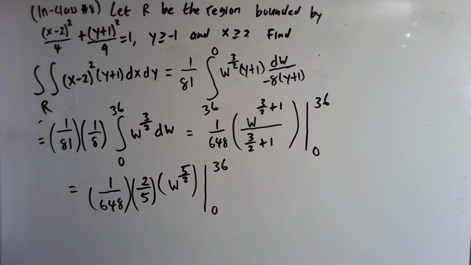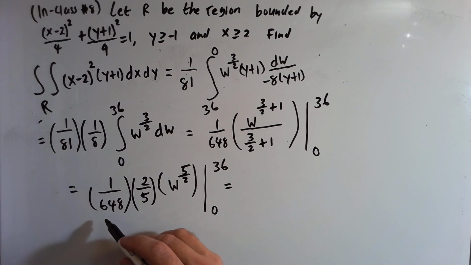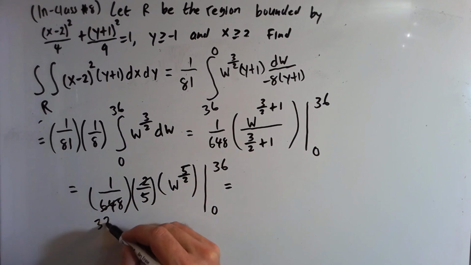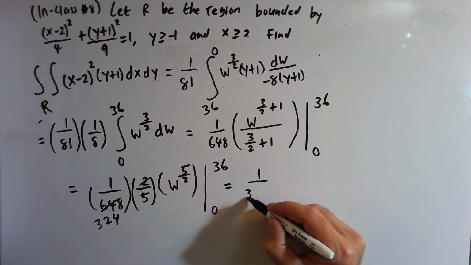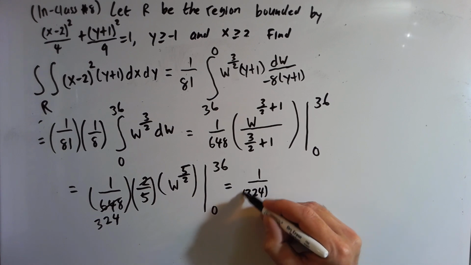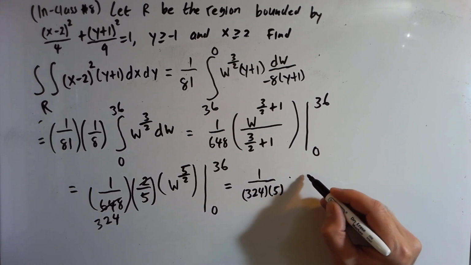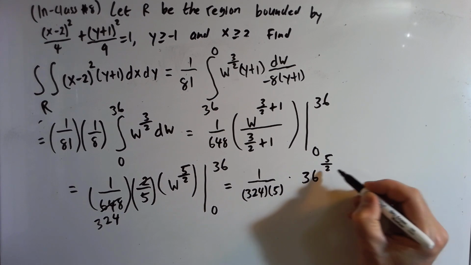Okay, so this should end up being 24 over 5. So let's see. So it'll be, crossing a 2 off here, so it'll be 324 down here. So it'll be 1 over 324 times 5, that's going to be 30 times 36 to the 5/2.